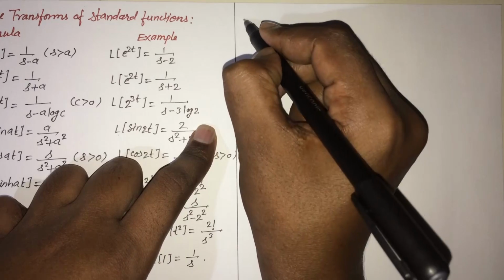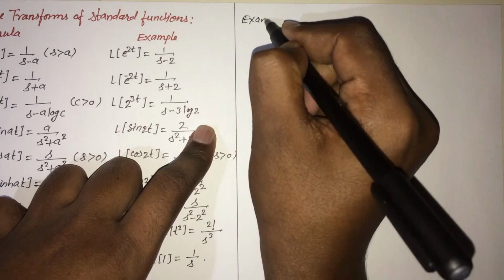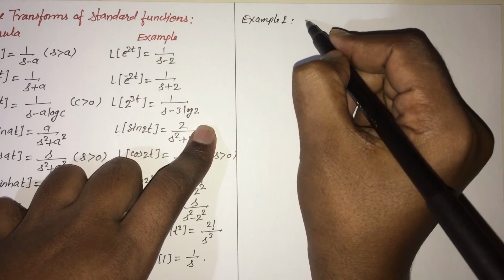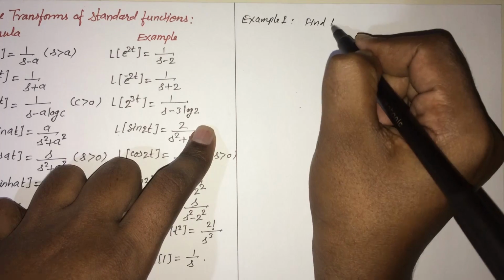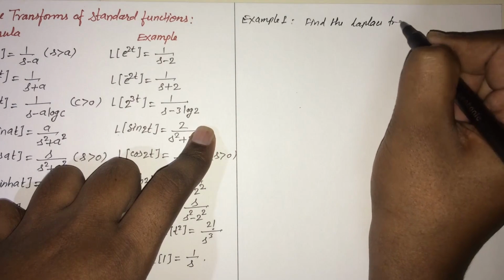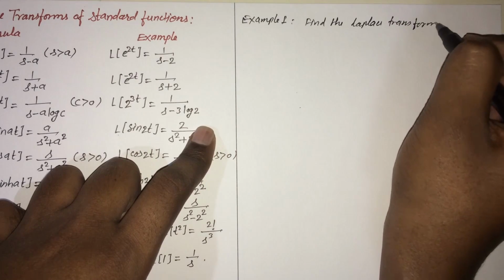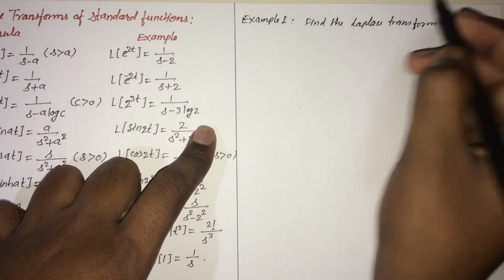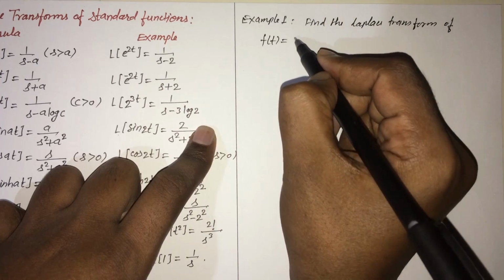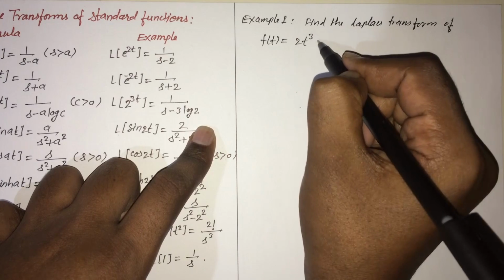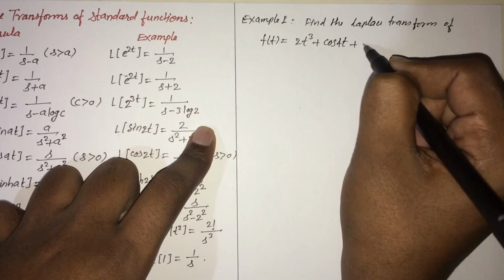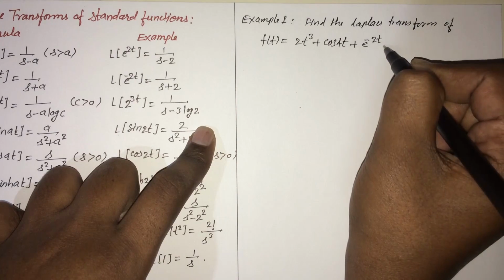For example, number 1, find the Laplace transform of the function f of t equal to 2t cube plus cos 4t plus e raised to minus 2t.